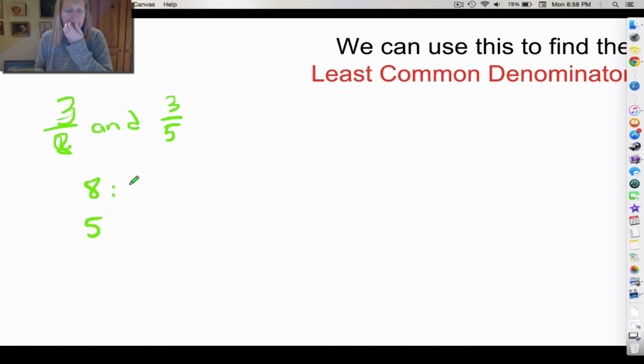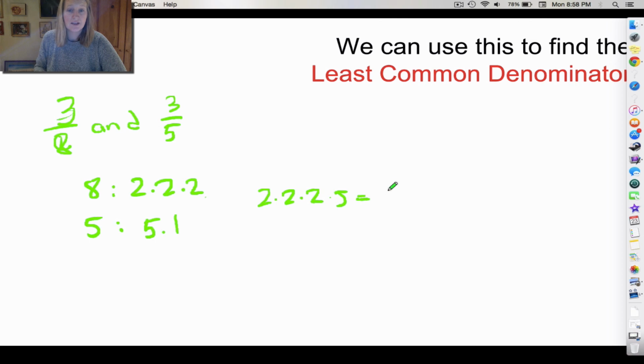We could do the prime factorization, so 2 times 2 times 2. This is just 5 times 1, basically. So where does each come up the most? The most frequent is 2 times 2 times 2 times 5, and in this case that is 40. So you get the same answer with both methods.